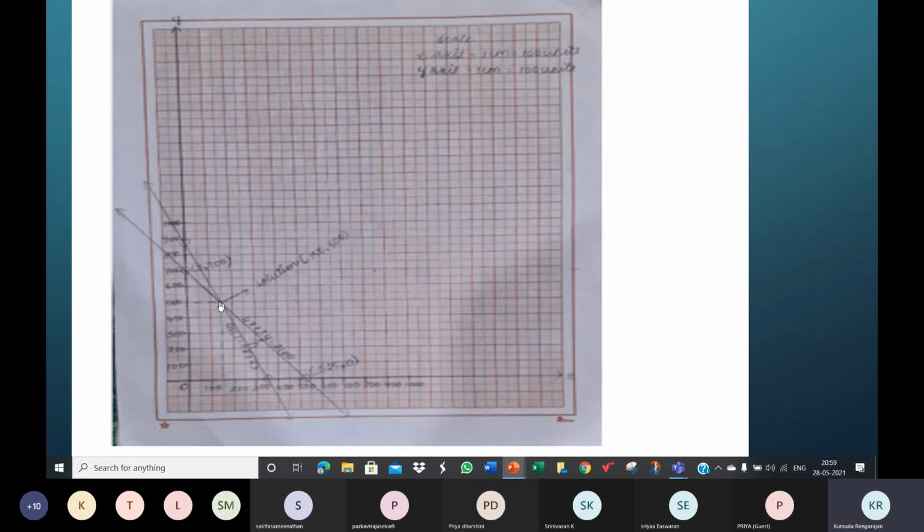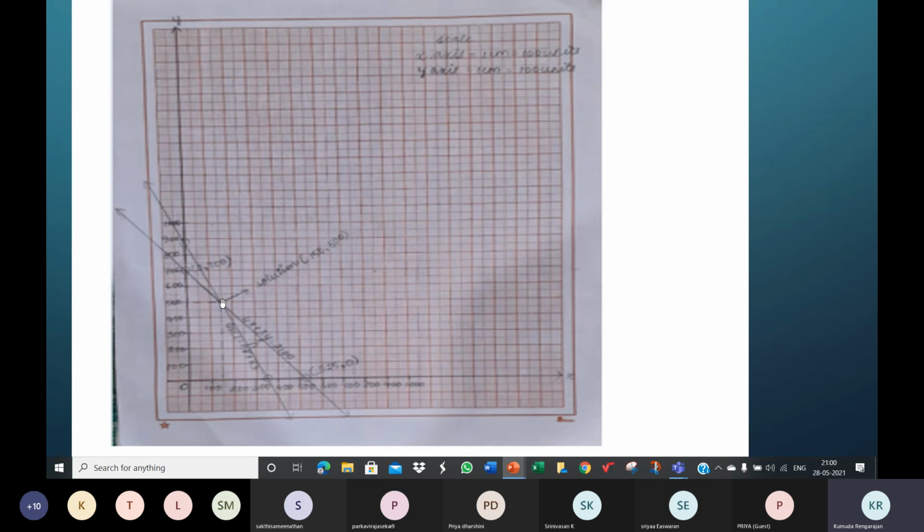They should exactly meet at 150. So children, you should drop a perpendicular. Draw a perpendicular on the x-axis and a perpendicular on the y-axis from the point of intersection, to read the values.